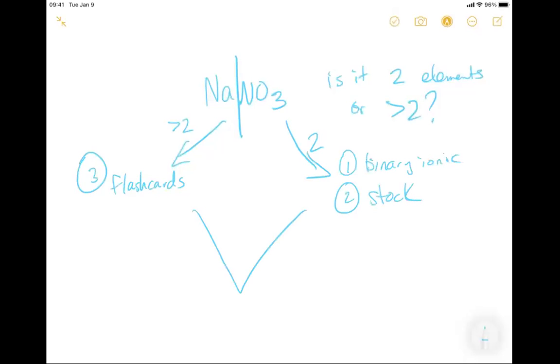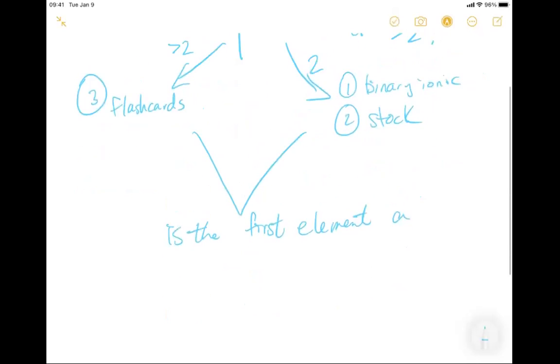I'm trying to make this not too complicated, but it's going to end up being complicated anyway. Is the first element a transition metal? I'll say that. Oops.